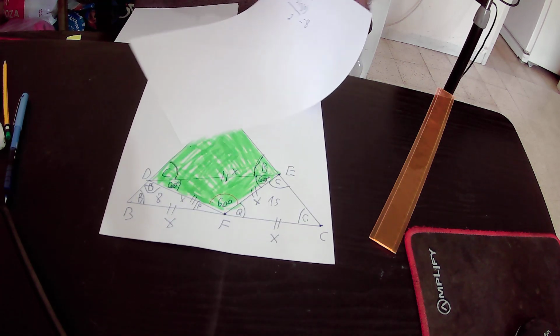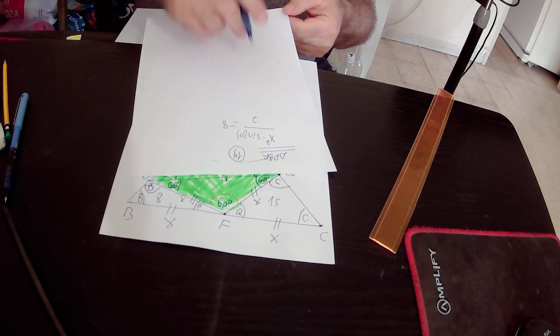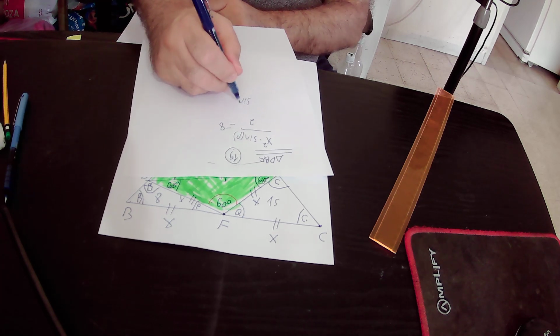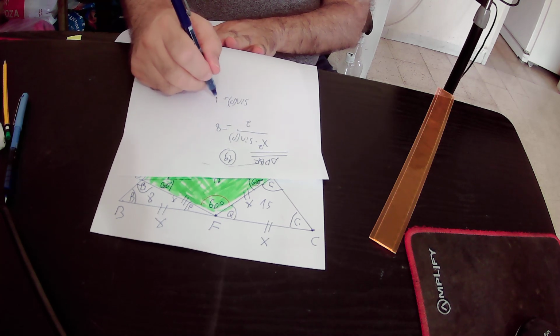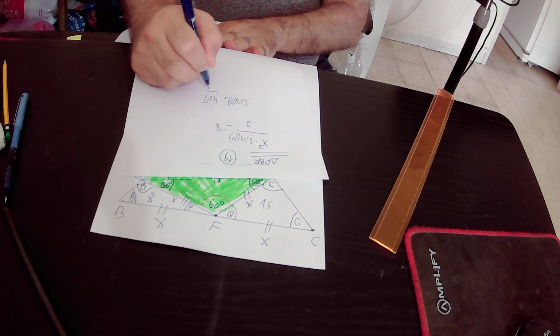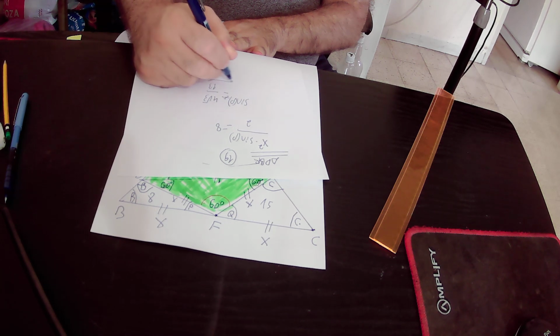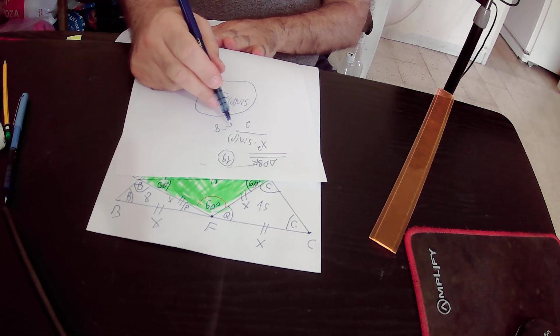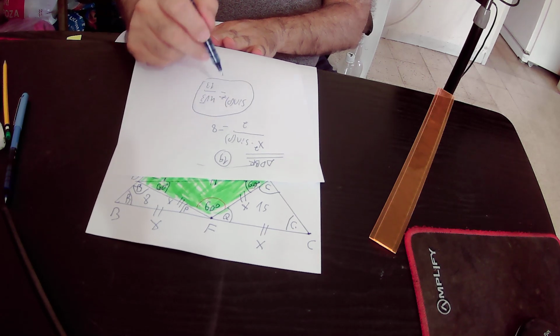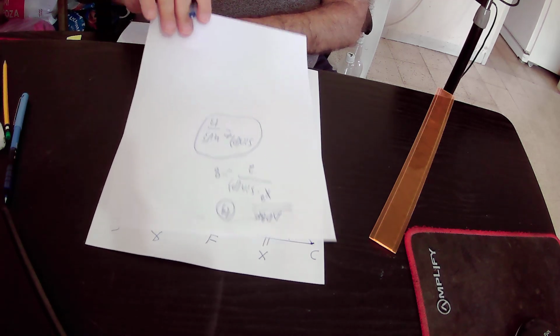Okay, but we have already found out that the value of sine p is 4 times root 3 over 13. So we can substitute sine p in this equality by 4 times root 3 over 13.